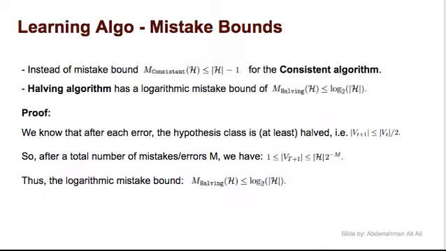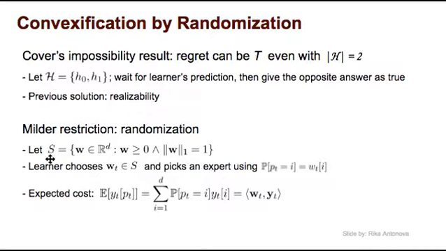To solve this impossibility result, we use realizability. But realizability is a very strong assumption, so what we do is use randomization. Randomization changes the structure of our problem using probabilities in order to build a prediction space that is convex, as we see here.